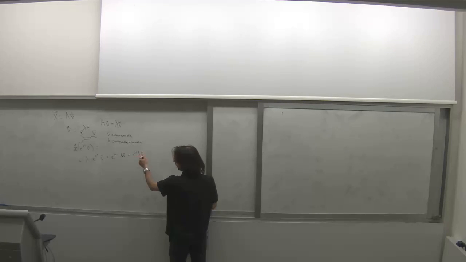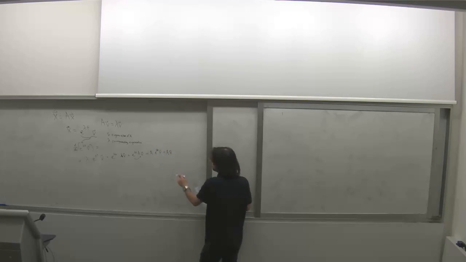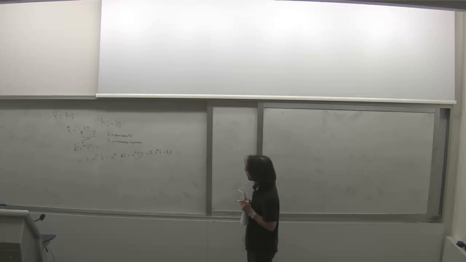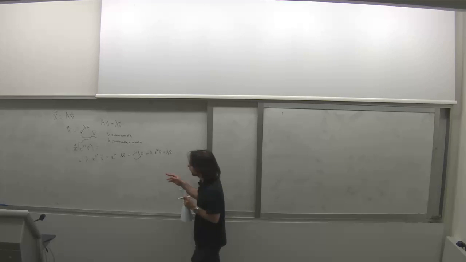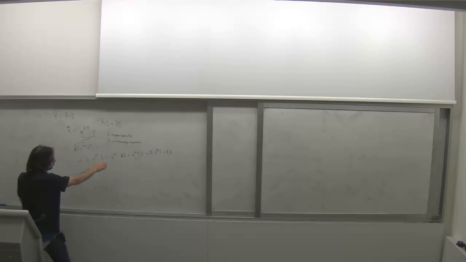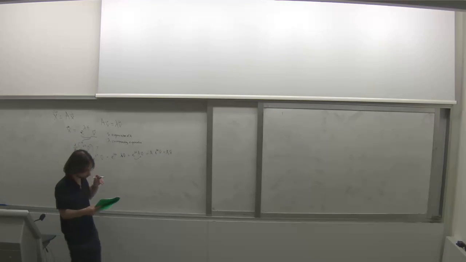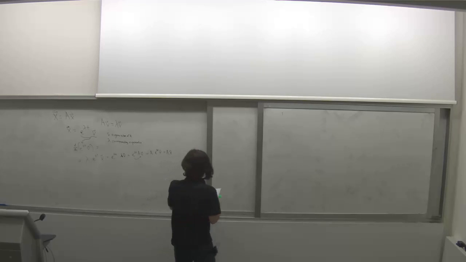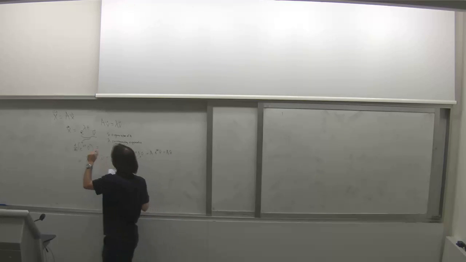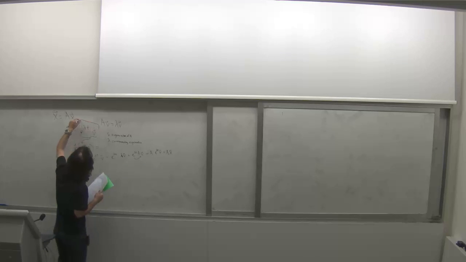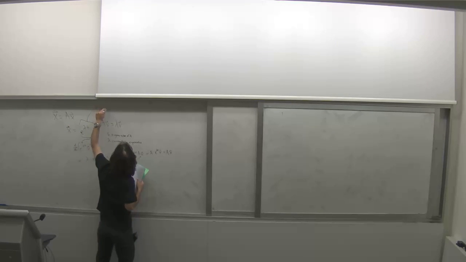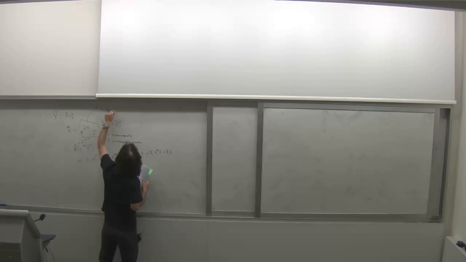And since this is just a number, I can, again, put it here. A times e to the lambda t v. And this is my x. So I do have x dot equals Ax, and this is a solution. Like you said, it's not the only solution. This is called an eigensolution for the system.